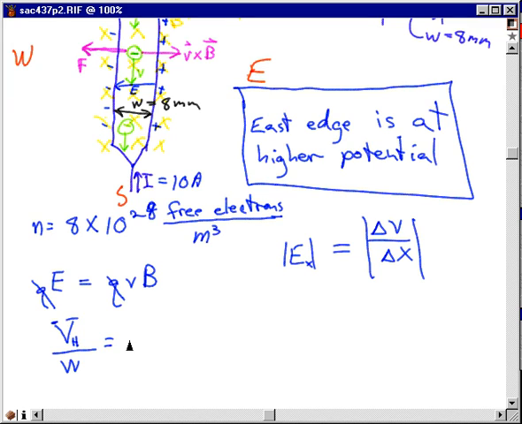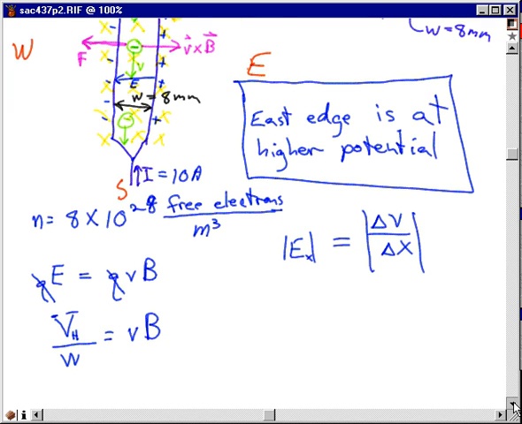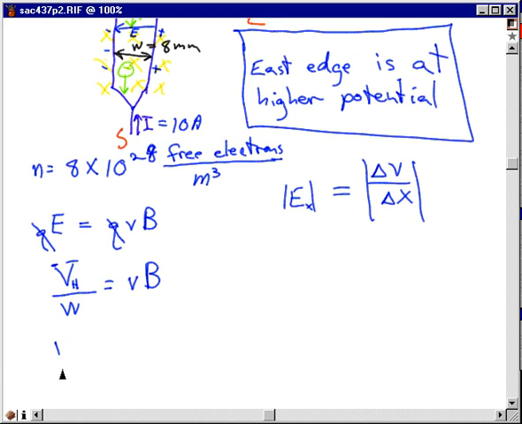So these two forces have to balance each other out, and we got the Hall potential is equal to WvB, where v is the velocity of the charged particle in the direction opposite to the direction of the current.